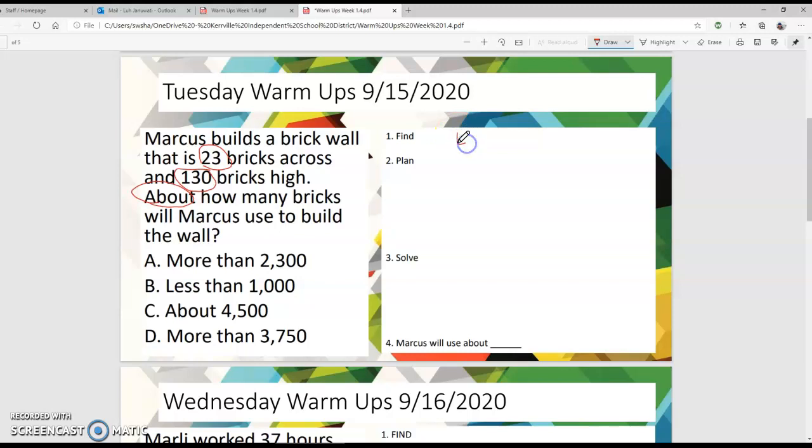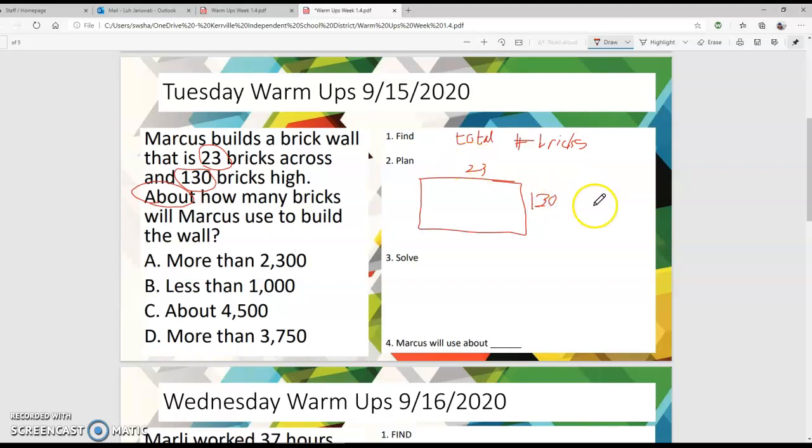So the question is the total number of bricks, right? How many bricks do you need to use? So you know there's 23 across and 130 bricks high.